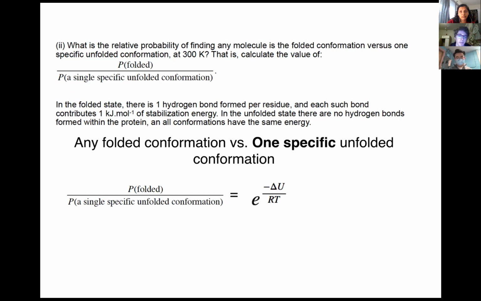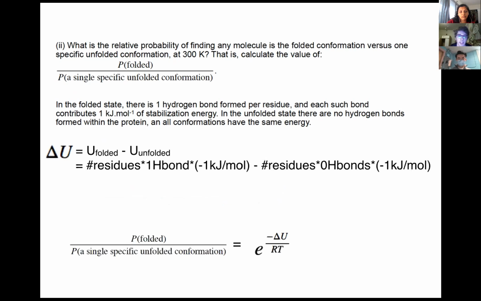One important thing to note is we're comparing any folded conformation, which is actually only one possible conformation, versus one specific unfolded conformation, which means that there's not really any entropic contribution to this probability difference. So we can just look at the change in energy between the folded and single specific unfolded.